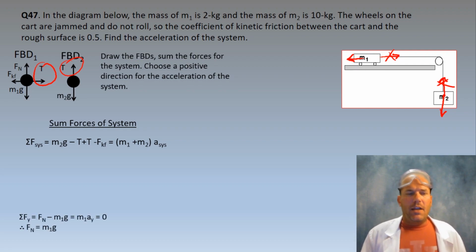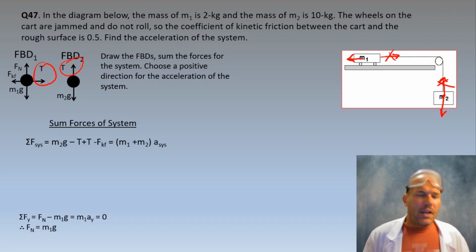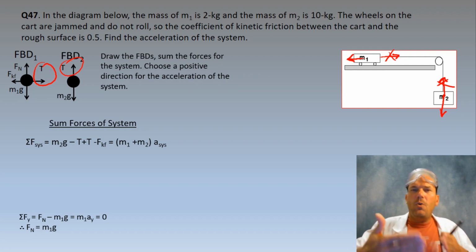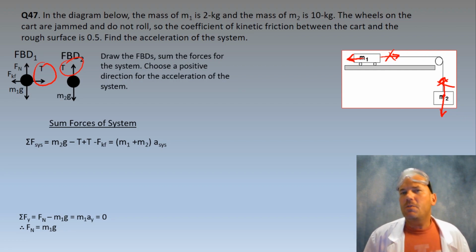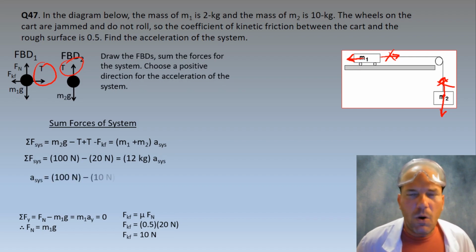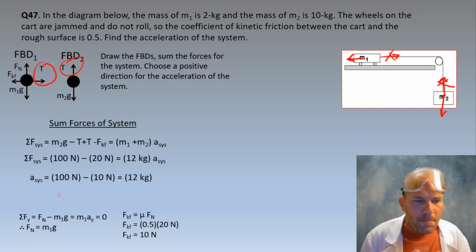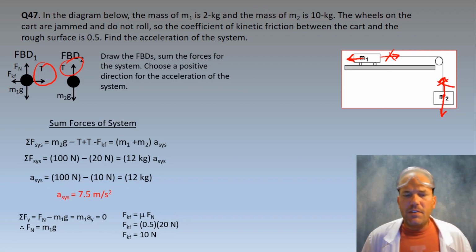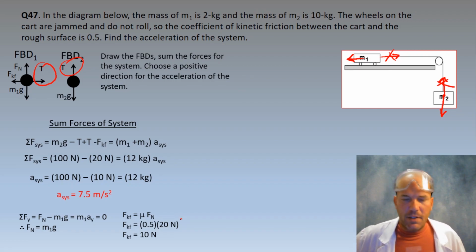All right. And when we look at the vertical direction, we've shown that the normal force is equal to mass 1 multiplied by the acceleration due to gravity. And we don't know the force of kinetic friction, but we're given mu, which means we're always going to use physics as fun. So using the physics as fun, we found the force of kinetic friction here to be 10 newtons.